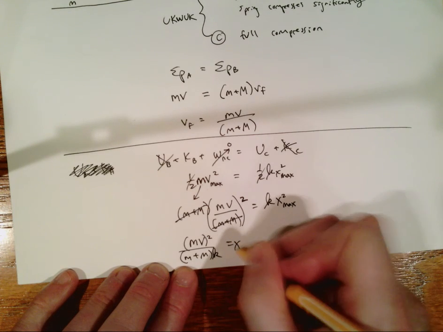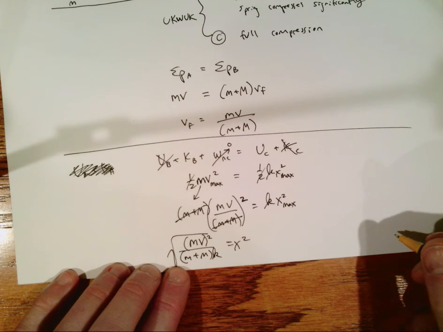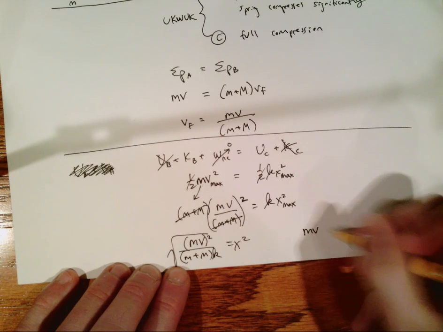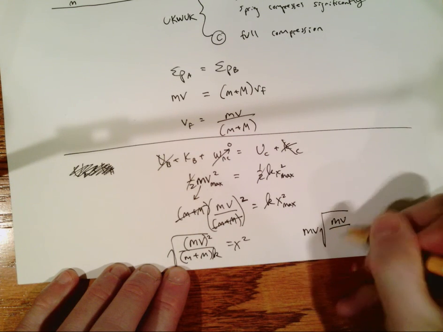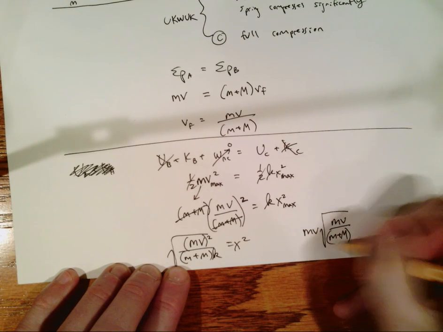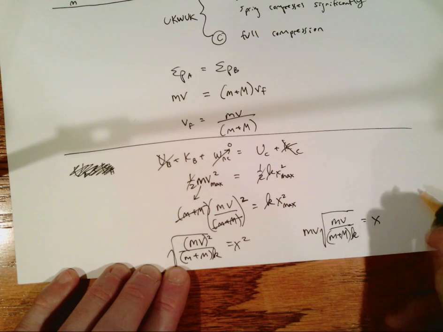So that equals x squared, and then I just need to take the square root of that. And so maybe simplifying that, we would get mv times the quantity square root of 1 over m plus M times k. And that should give us our x that we're looking for.